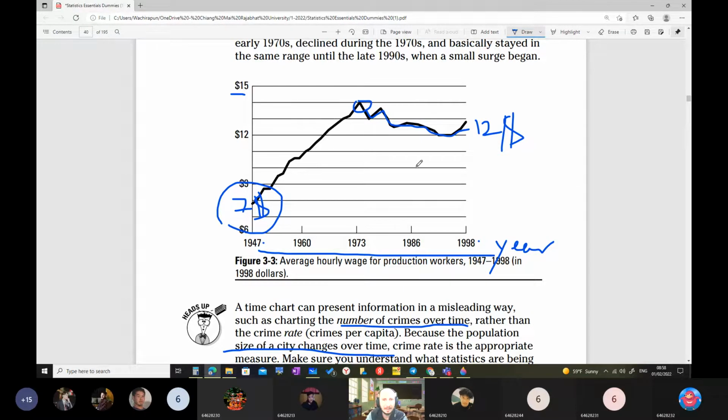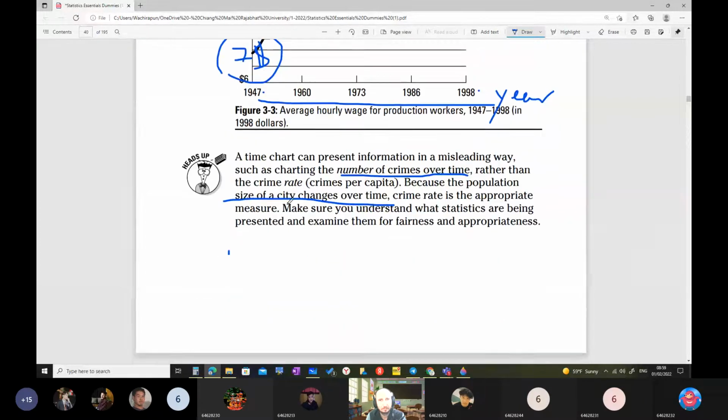But in 1998, $12 is much less. Okay? Think about Thailand. If you have 10 baht now, you can just buy a bottle of water. But think about 50 years ago, if you had 10 baht, you could eat a dinner, right? So this is important to understand when you show that.